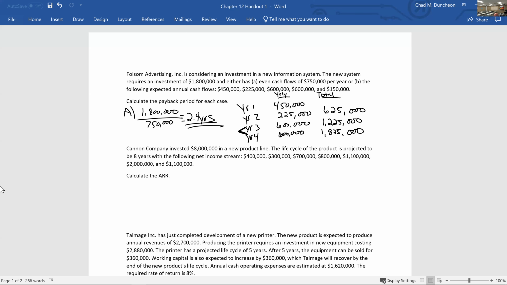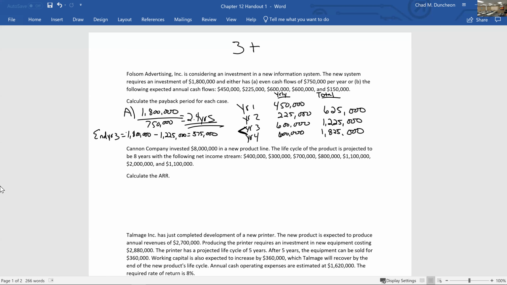So what we need to do here is at the end of year three, we take our total investment of that 1.8 million, subtract out what we had collected in the first 3 years, because our answer is going to be 3 plus something, at least 3 years, but not all the way to 4.